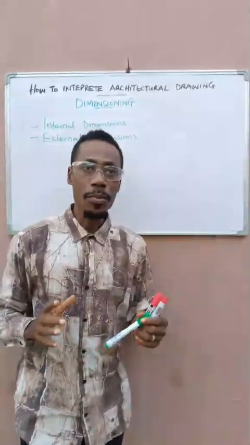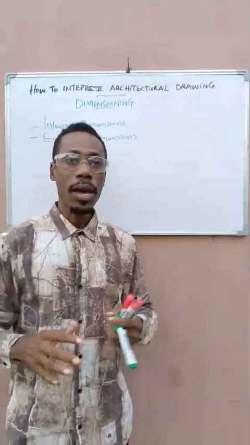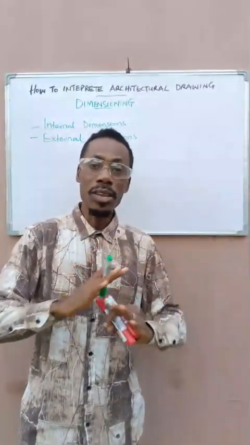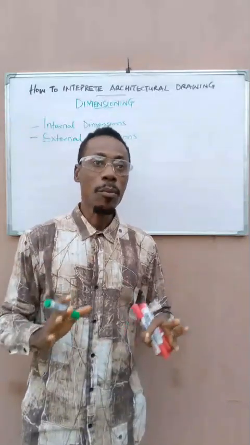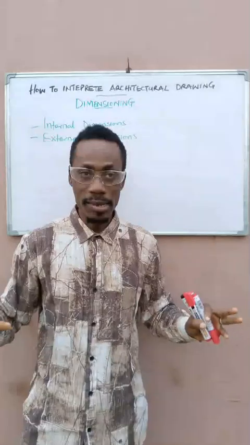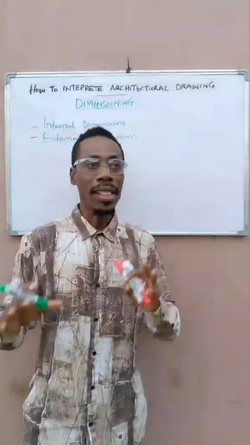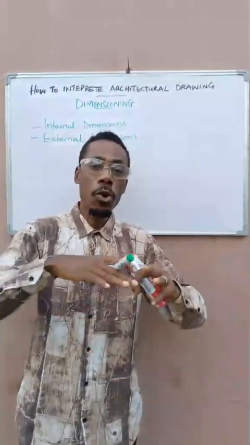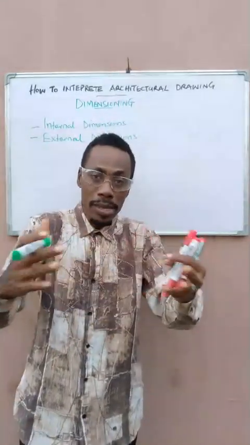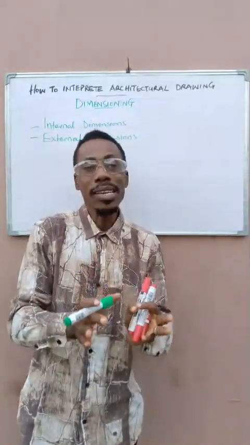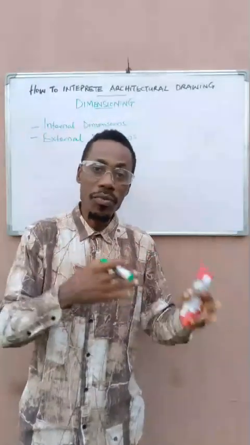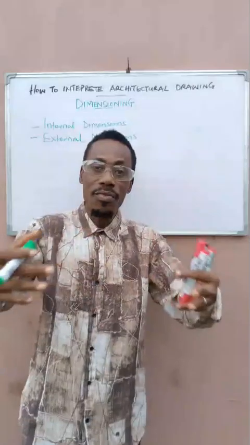Now, if you're given a building plan, for example, if it's a bungalow, like I told you, it's only the floor plan that you're dealing with. But if it's a story building, it means that you're going to have two floor plans. That is the ground floor plan and the first floor plan. Now, the geometrical shape of that building is determined by the dimensions of those partitions. It is the dimensions provided that will enable you to have the formation.